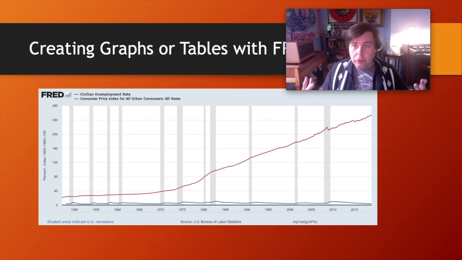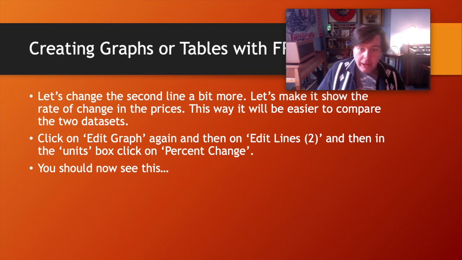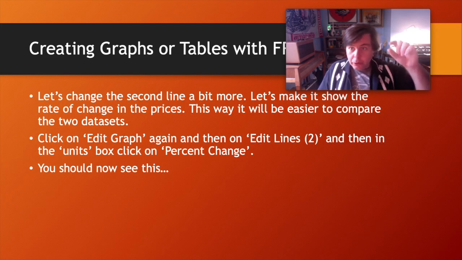So it's cool, right? We can combine different data series very easily. So let's keep going. Let's take this another step. Let's click again on Edit Graph, and then let's click on Edit Line 2, okay? And then this should open up another little box.